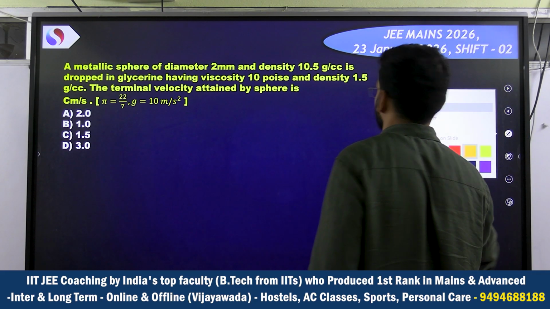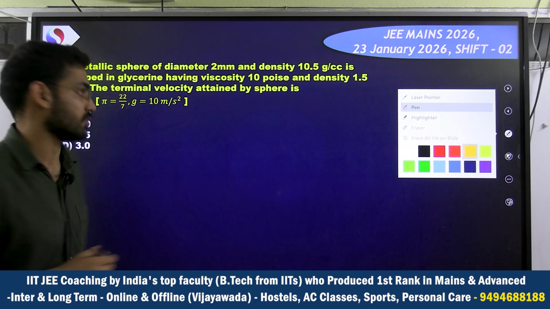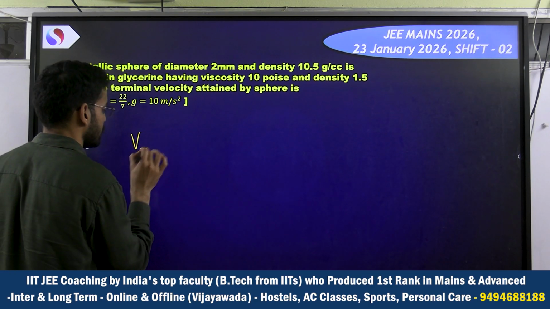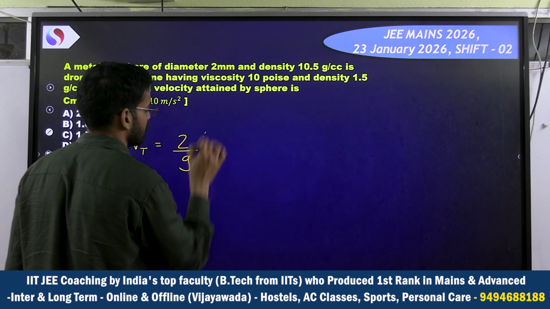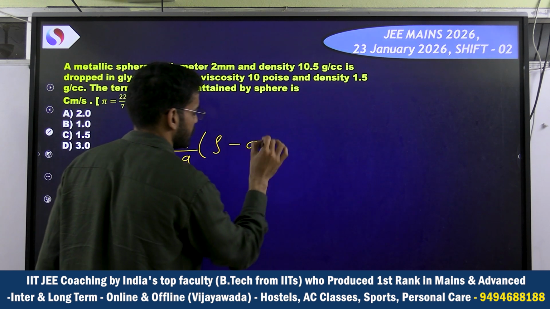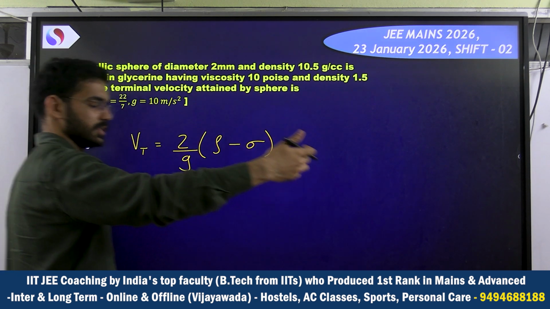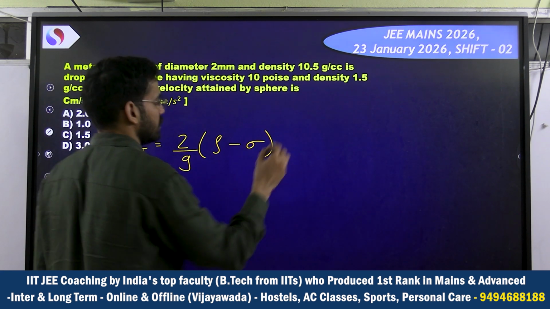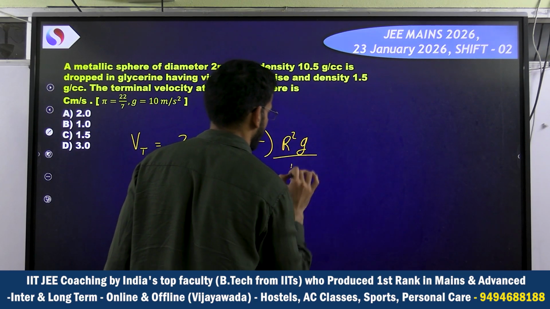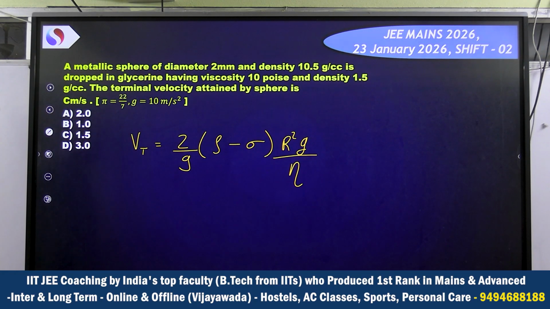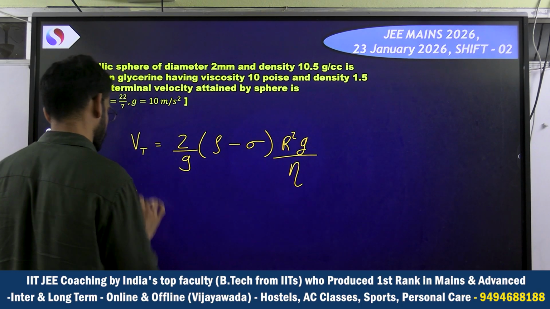Let's start. You have the terminal velocity formula. What is that? 2 by 9, rho minus sigma, basically density of the body minus density of the medium, and then r square g divided by eta. This is the formula. Now put the values.